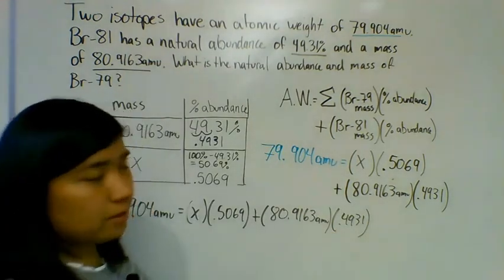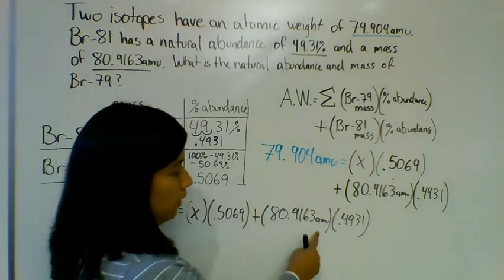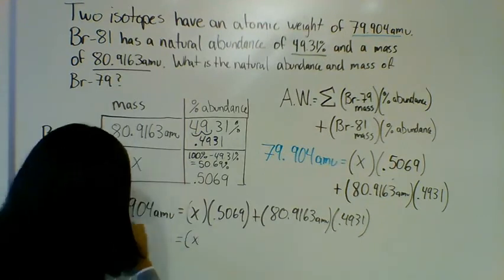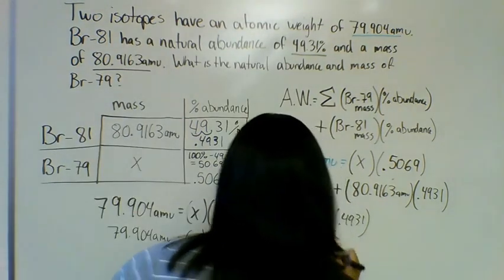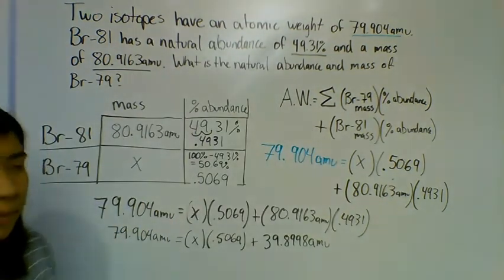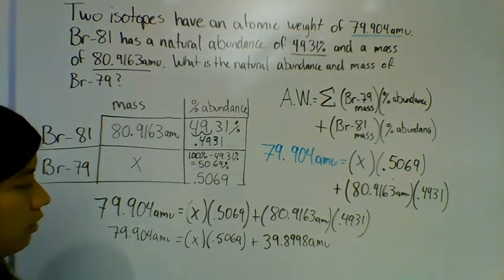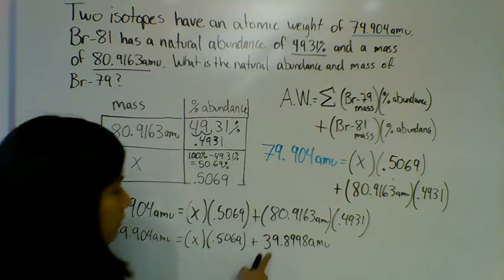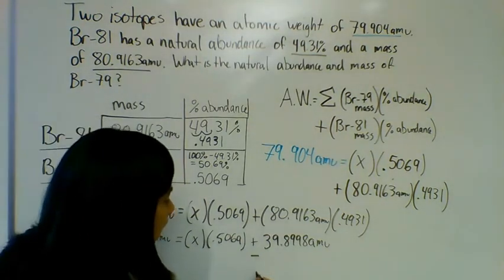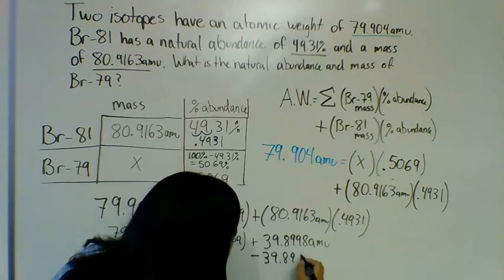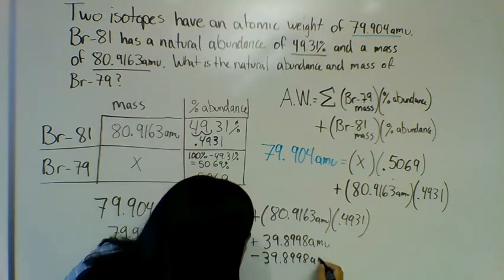So the first thing I'm going to do is multiply this times this. Let's go ahead and do that. All right. After I multiply these two, I get this number. And to get rid of this on the right side, I'm going to subtract it. So I'm going to subtract 39.8998 AMU.